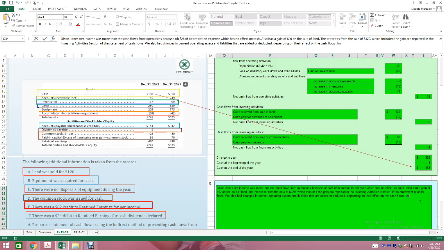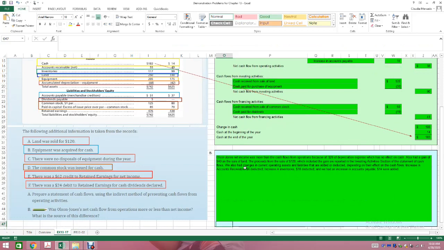So we had an increase in accounts receivable, and that's $6 that was deducted. We had an increase in inventories where $18 was deducted, and we had an increase in accounts payable where $14 were added.